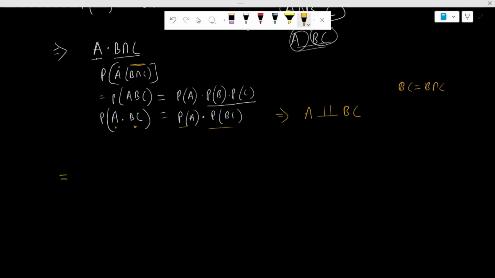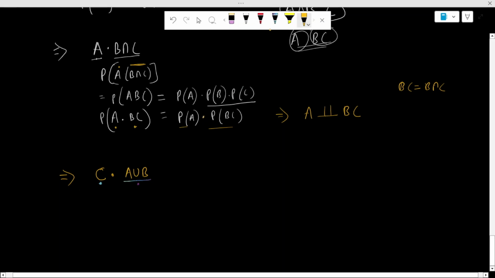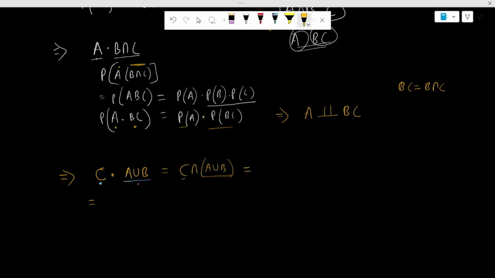Now let us see another example. This time we are taking C as a reference, and then constructing an event out of A and B, A union B. So here C is one event and A union B is another event. This is our set notation. We can be more precise by expanding it. So this is equal to C intersection (A union B). We can use the distributive property.